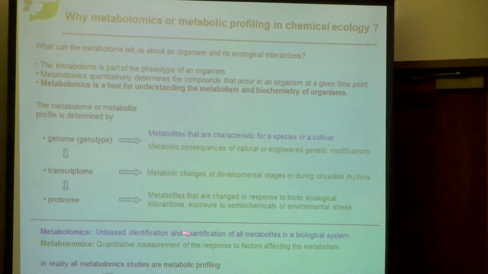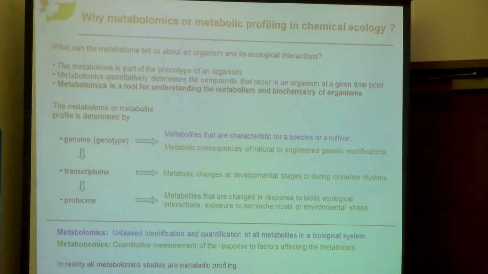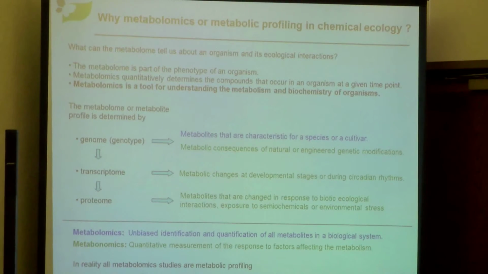And metabolites are changed in response to biotic ecological interactions, for example, as I mentioned before, interactions with other organisms and so on. So in reality, in my opinion, metabolomics in this sense doesn't exist.